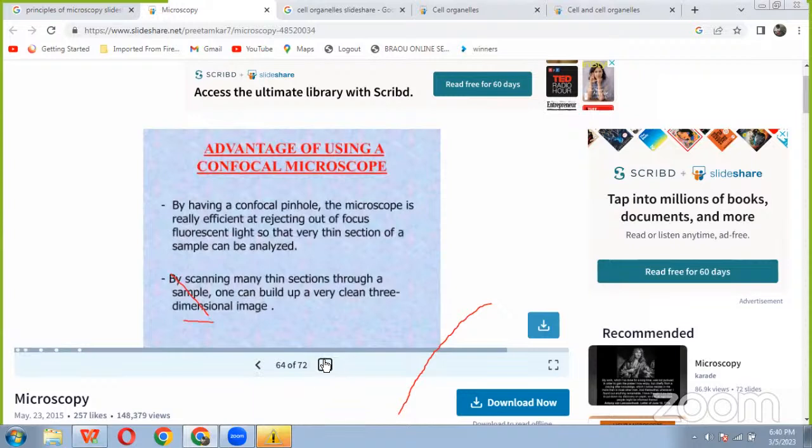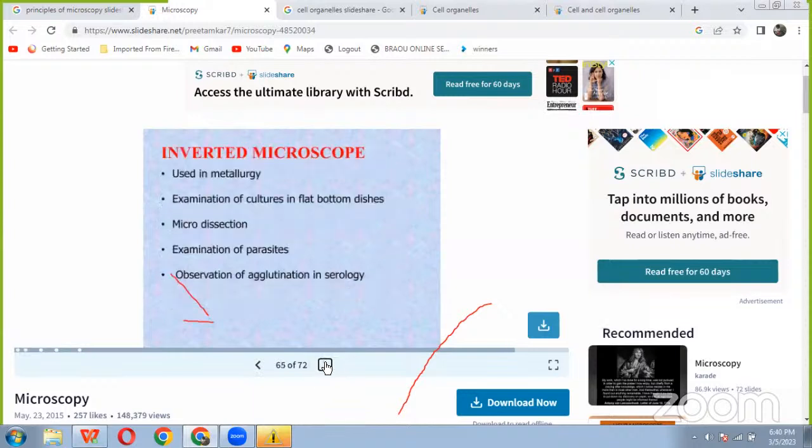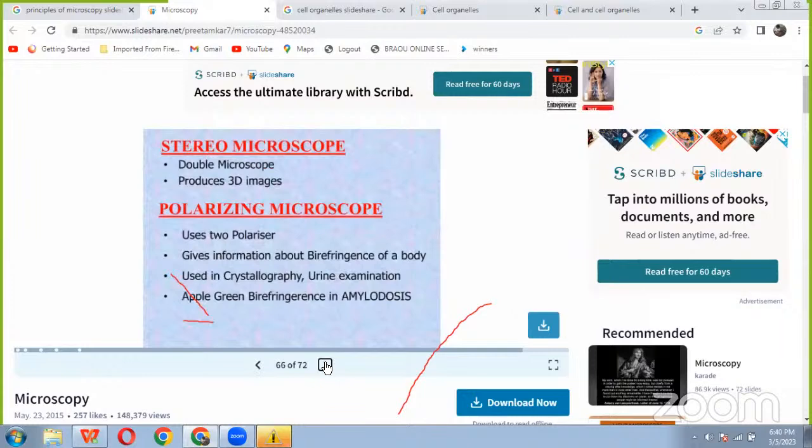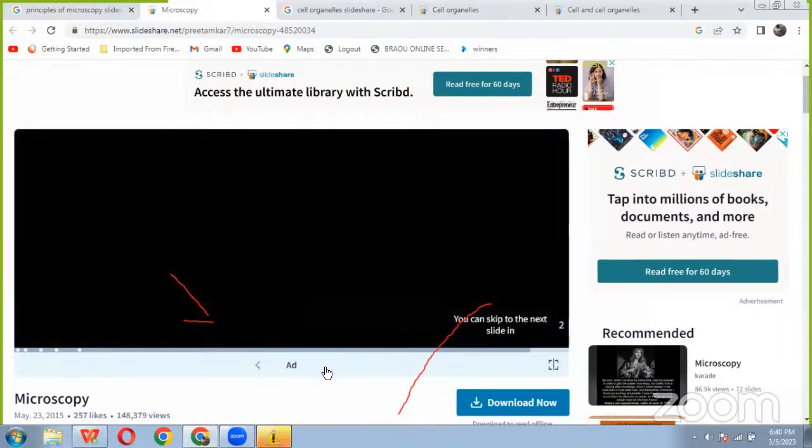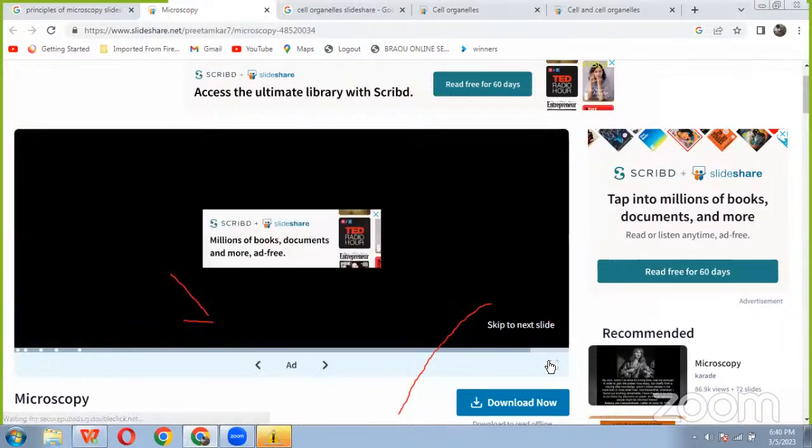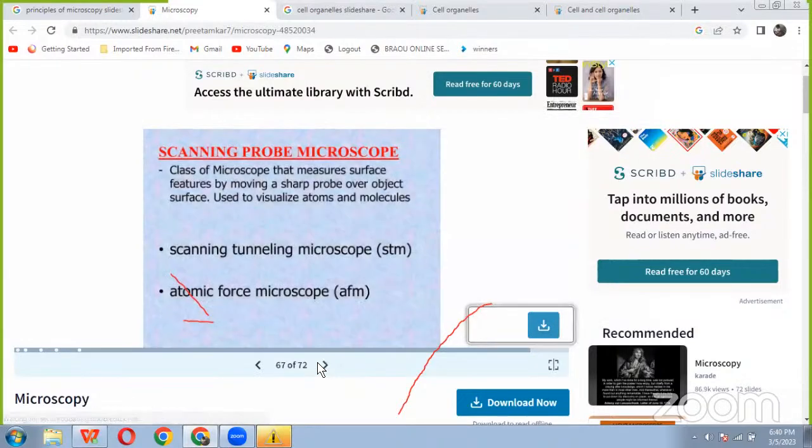Only our syllabus is the TEM, STEM. Scanning probe microscope, scanning system.